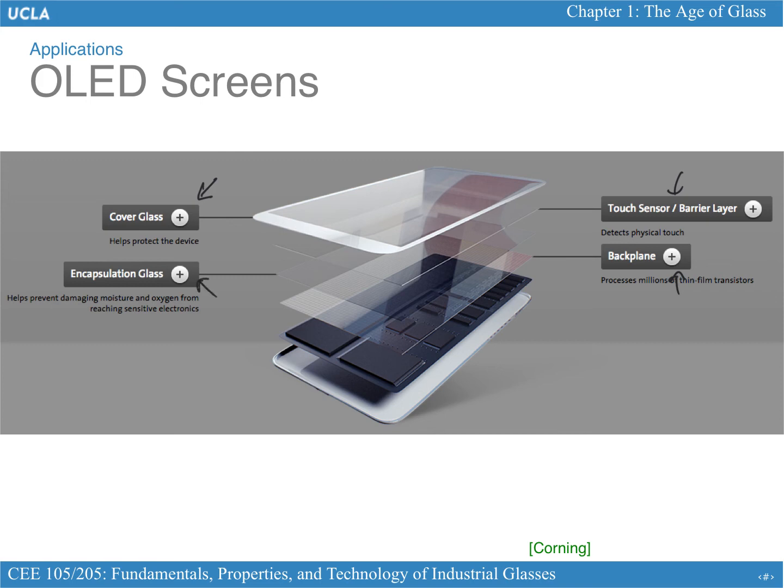In this case, the role of this glass is to isolate the organic pixels from the rest of the environment. Those pixels are made of organic materials, so if they are in contact with oxygen from the atmosphere, they are going to be oxidized. So those organic pixels need to be hermetically isolated from the rest of the environment to avoid being degraded. So that's the role of the encapsulation glass.